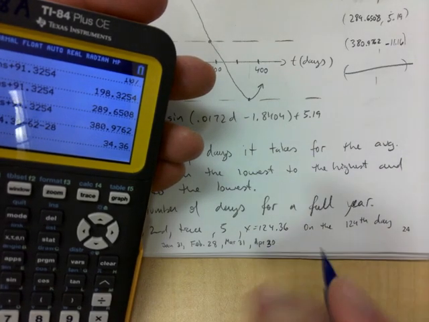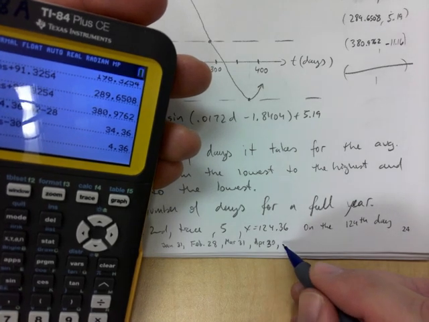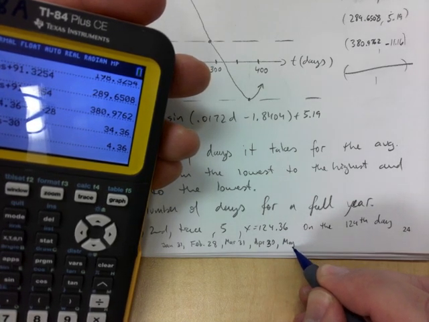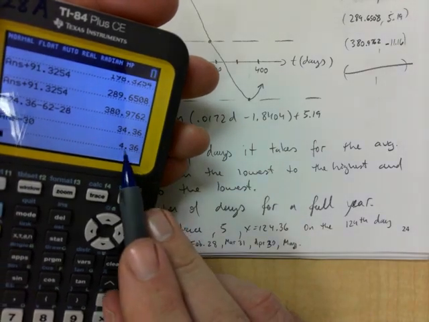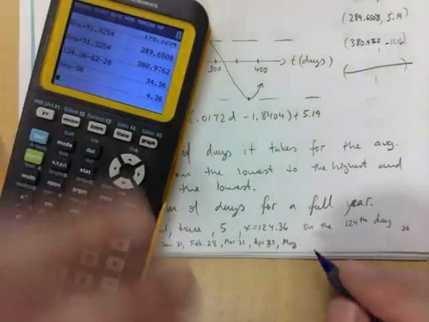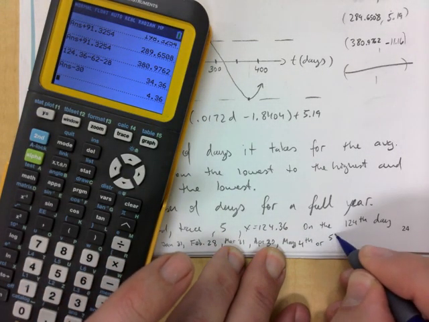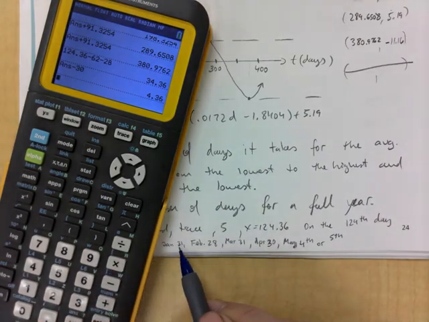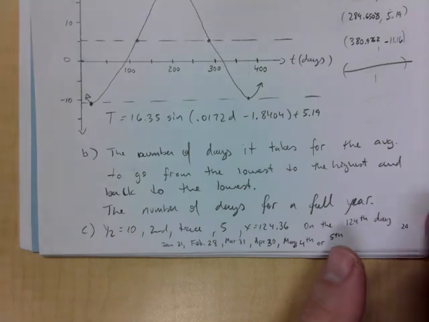April has 30, right? So we are actually in the May region, so it's actually going to be between May 4th and May 5th, right? May 4th or 5th. And I wouldn't expect you to know that unless I would give you that piece of information. Okay.